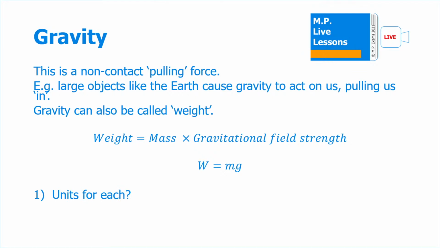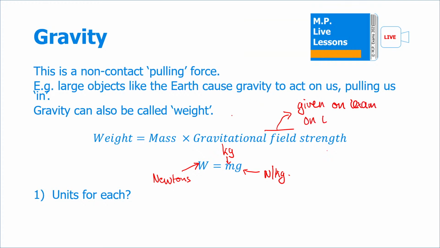Now we're going to label this formula with the units for each. Forces, like weight or gravity, are always measured in newtons. Mass is measured in kilograms. Gravitational field strength is measured in newtons per kilogram. You'll often be given this in the exam, the gravitational field strength.